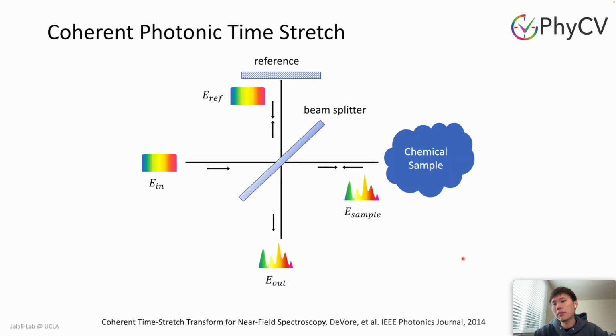To address the problem that the single-shot power measurement is noisy, we developed a coherent version of photonic time stretch in our lab, which was originally published in this 2014 paper. Here, instead of detecting the intensity of the optical spectrum, as is the common practice in spectroscopy, it leverages interferometry to measure both phase and intensity through coherent detection.